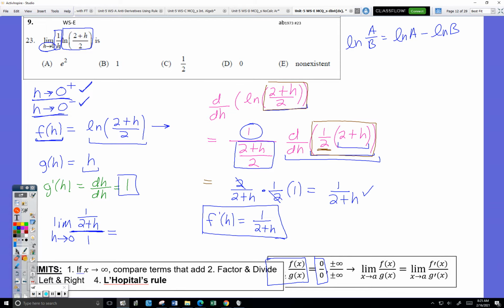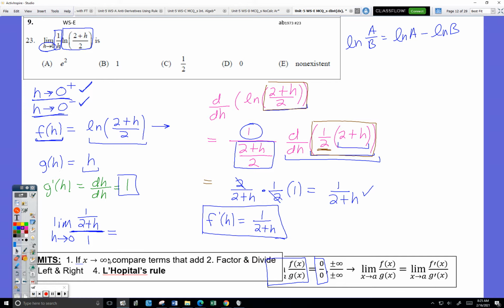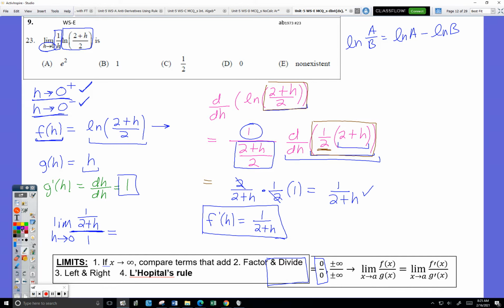Once again, I use my limit flashcard. It is not a limit as x approaches infinity. Skip step 1. There's no factoring that can be done. Skip step 2. When I think of h as being a little more or a little less than 0, this limit's going to equal 1/2.